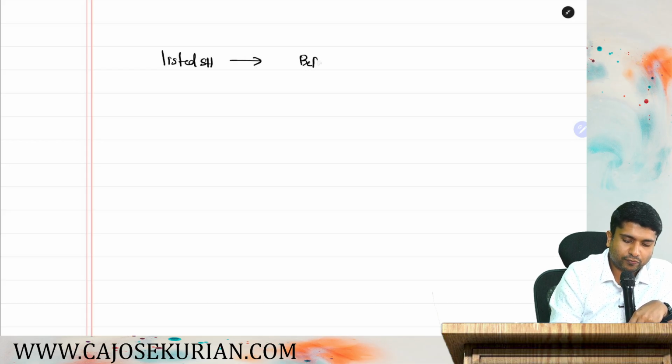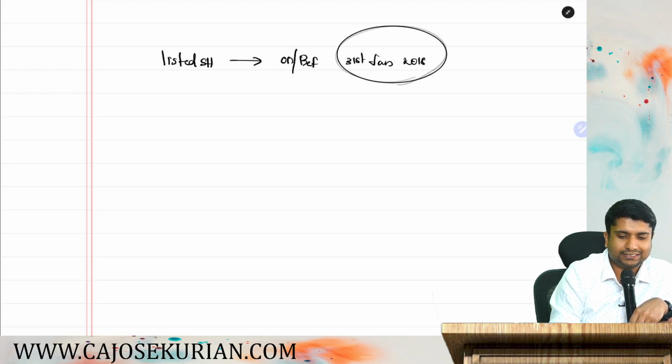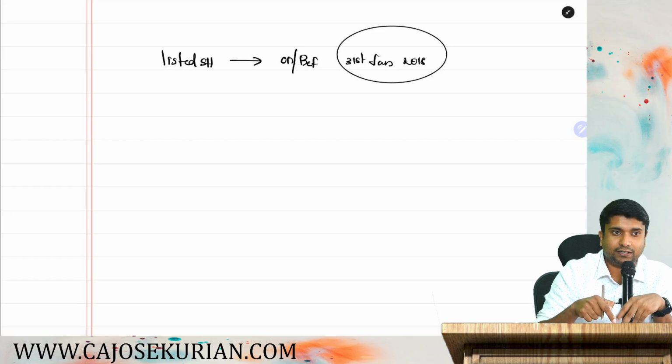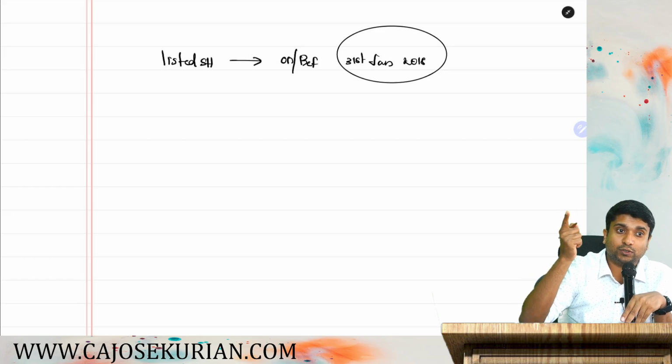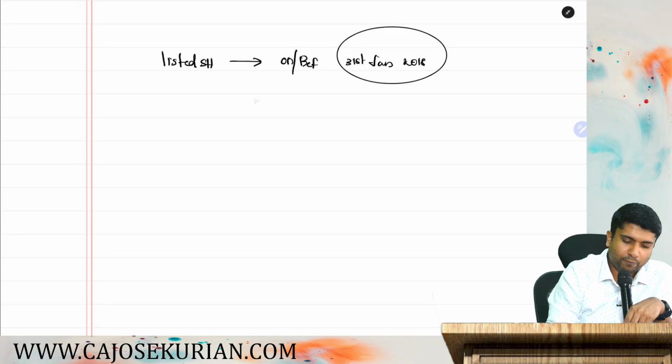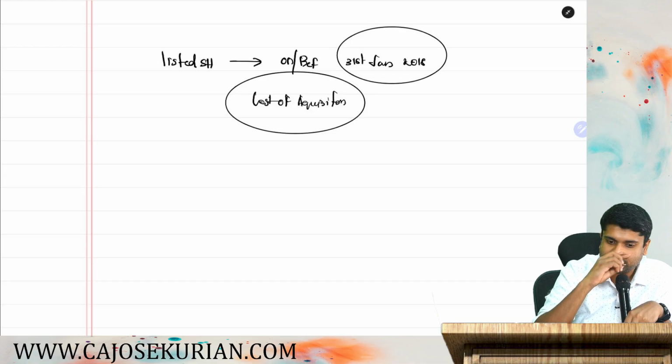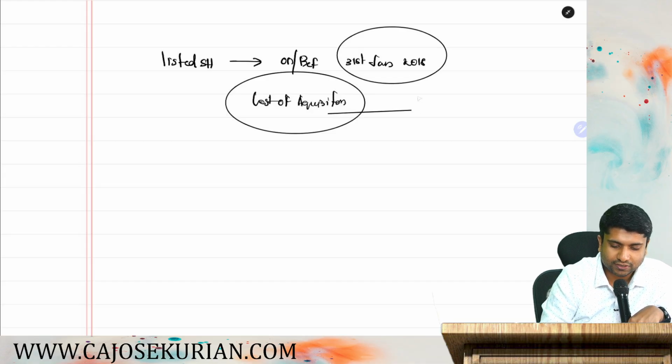on or before 31st January 2018, there are certain specialities while computing the cost of acquisition. If you are purchasing a listed share before 31st January 2018, while computing the cost of acquisition, what does the income tax department say? You have two options.